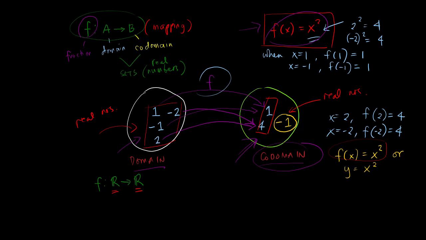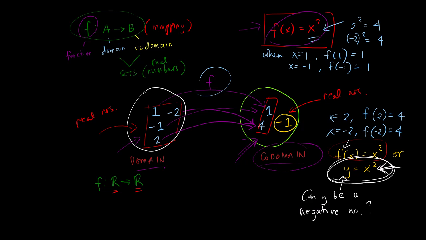So whenever x in this function is any real number, do you think y, or f in this matter, will ever be equal to a negative number? Can y be a negative number, since x is always squared? I don't think so. Since x is always squared, y will always be a positive number.